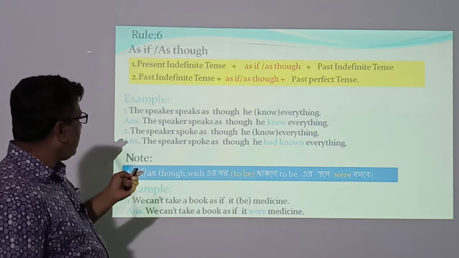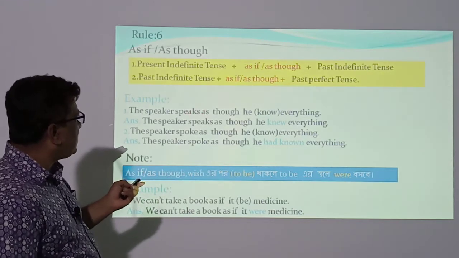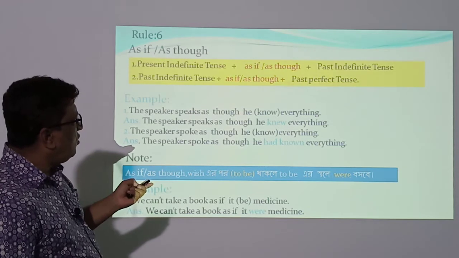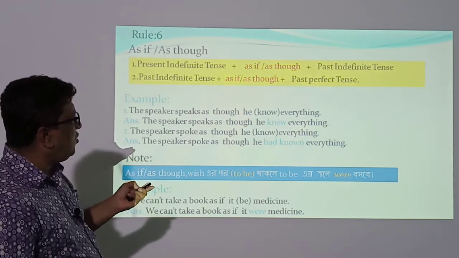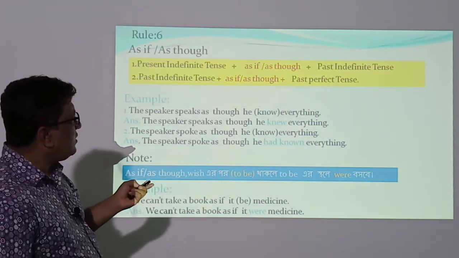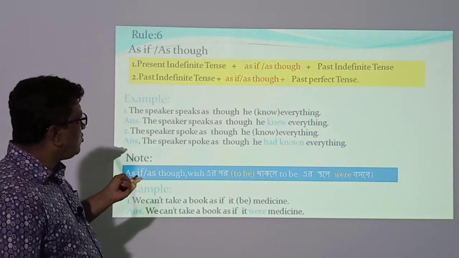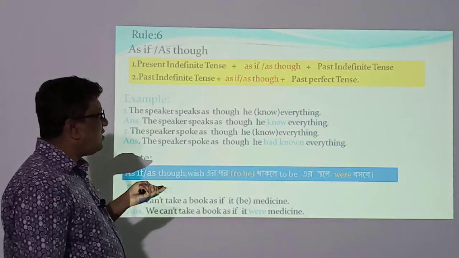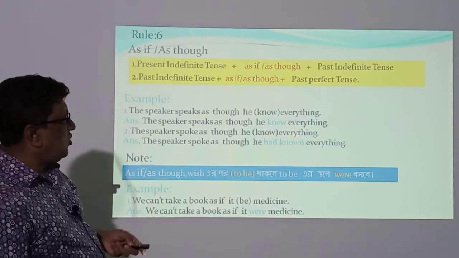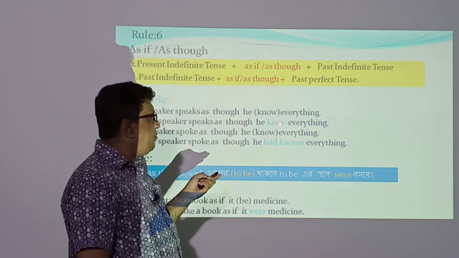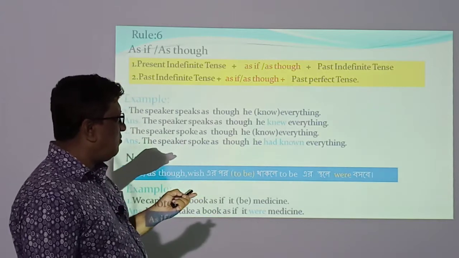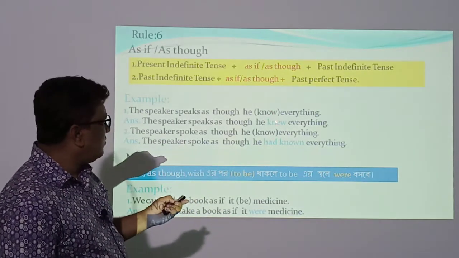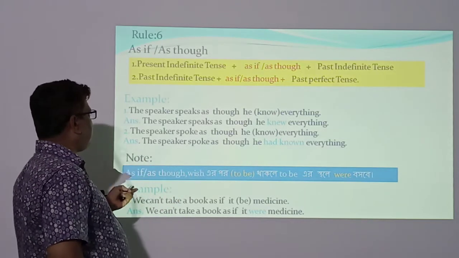First example: the speaker speaks as though he know everything. As though has present indefinite tense before it, so after as though the verb will be in the past indefinite form. Know will be knew: he knew everything.